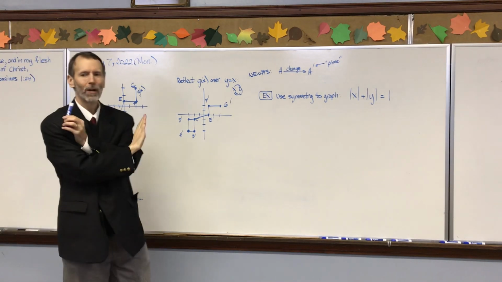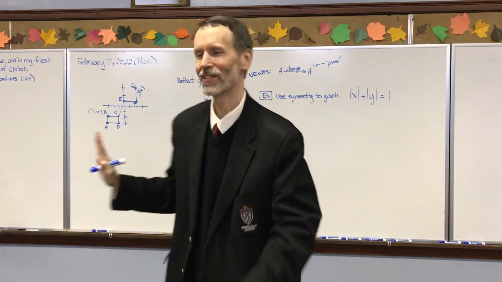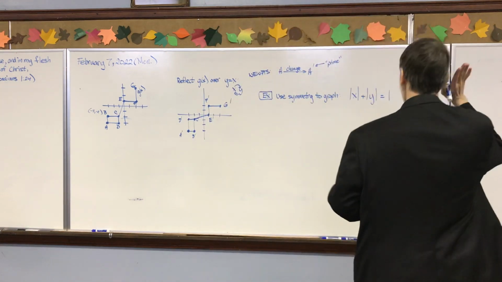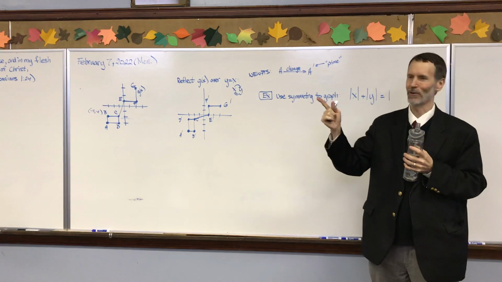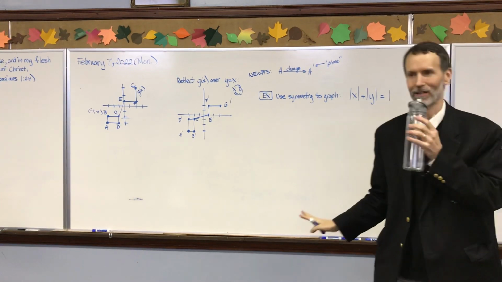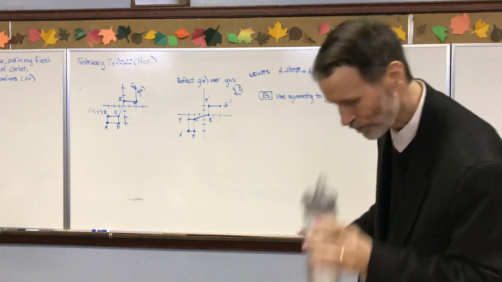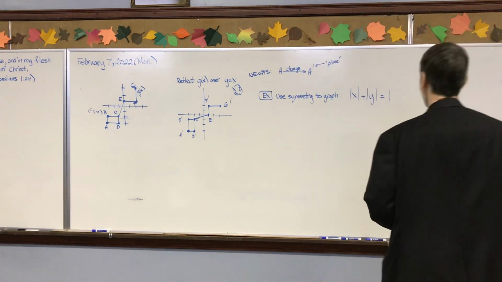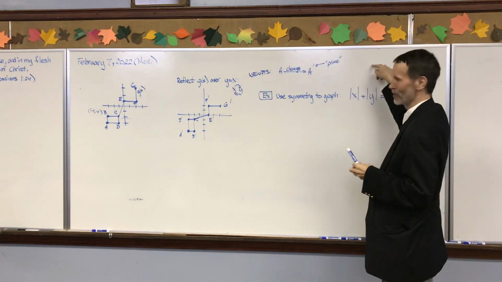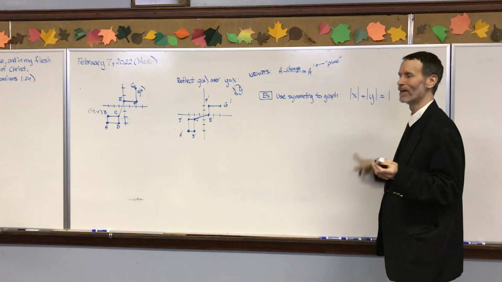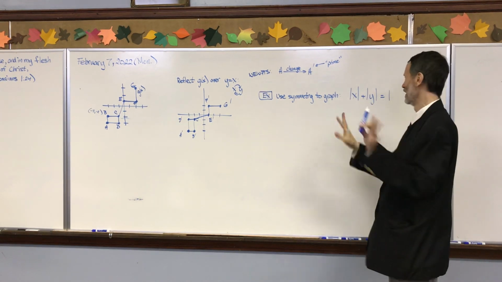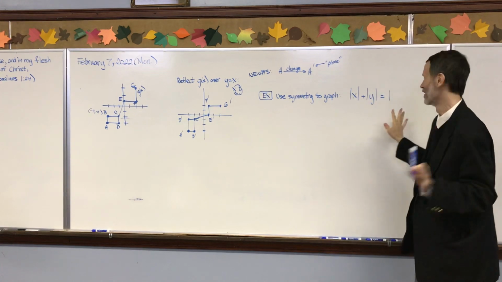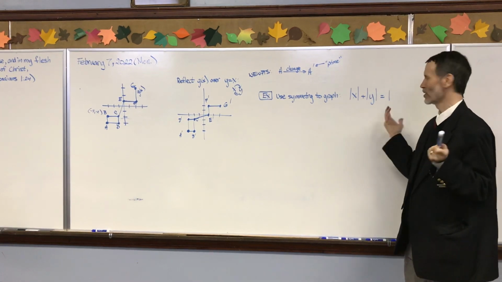Unless you've run into this on your own, we have had no experience with this at all. First year algebra, second year algebra, and up to pre-calc, up to this point, we know what absolute value means, and we've graphed y equals absolute value of x. That's a V graph. This, well, it's not a function. How do you use symmetry to graph this thing?